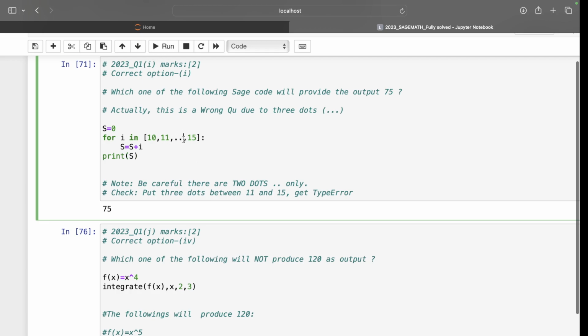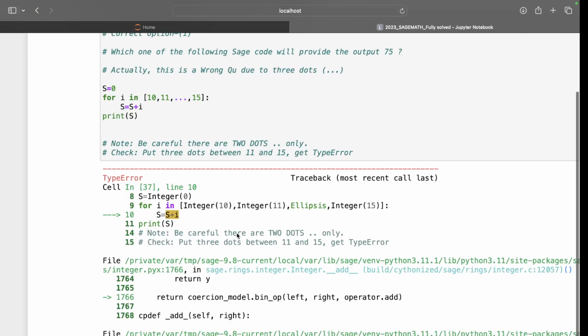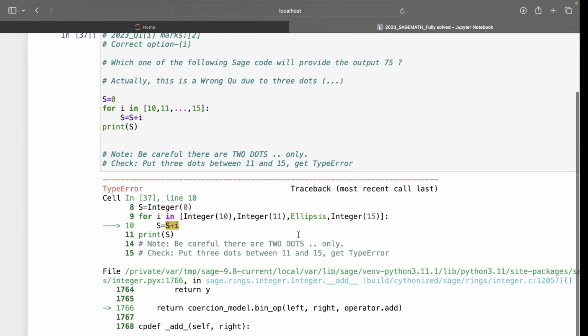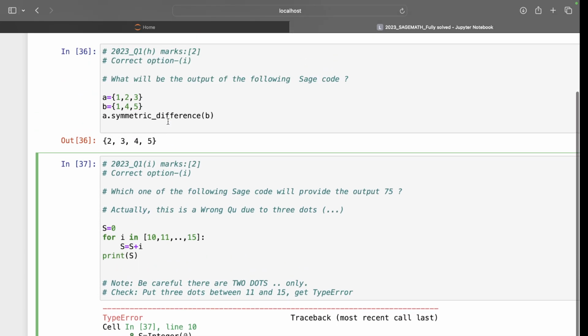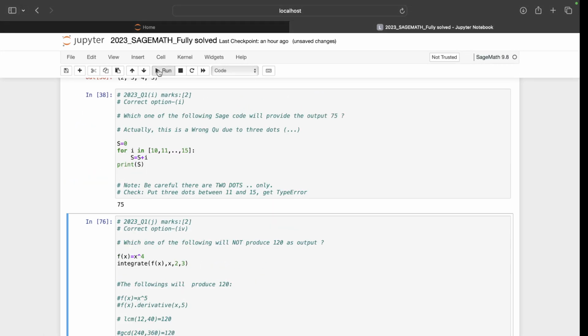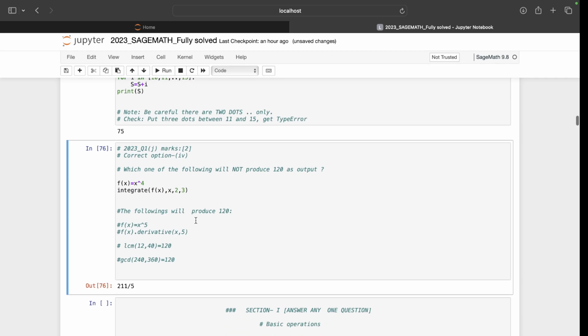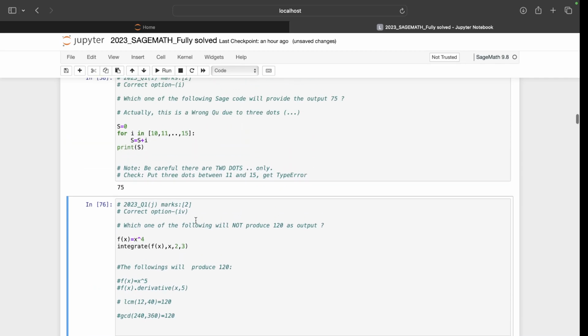If you put these three dots, extra dots, there is a type error. If you delete this extra dot, keeping only 2 dots, 10, 11, dot dot, 15, and run this program, this is 75.